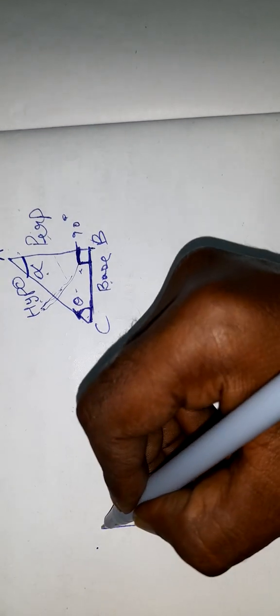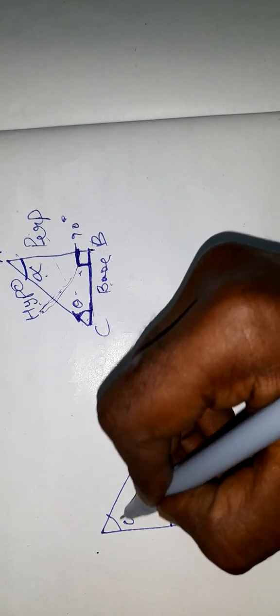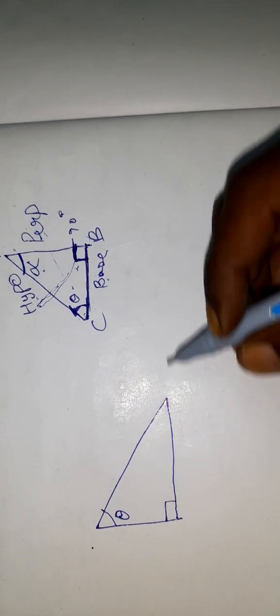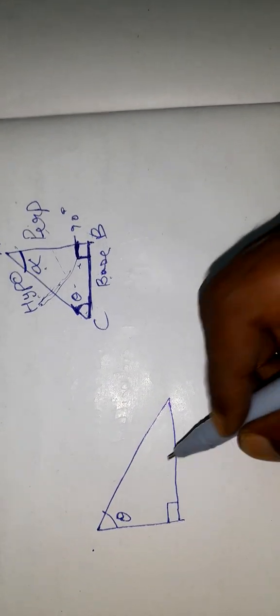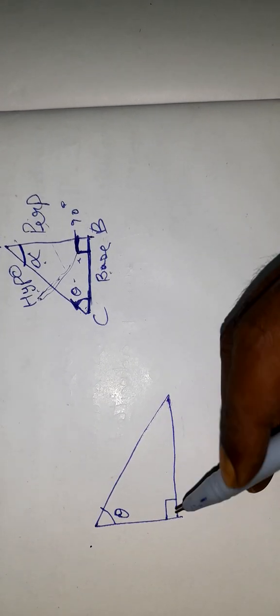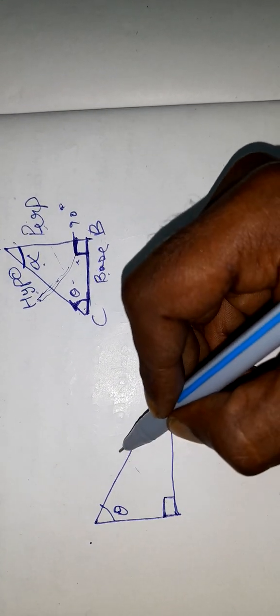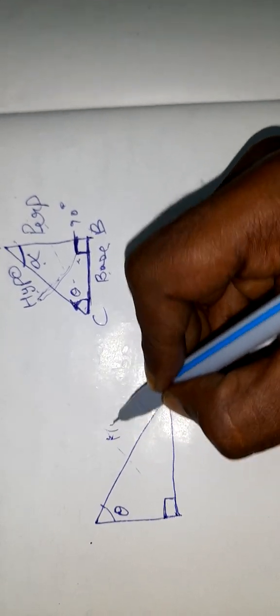Now I am making a triangle like this. In this triangle, where is the base, where is the perpendicular, and where is the hypotenuse? As I told you before, opposite to the 90 degree angle is the hypotenuse.